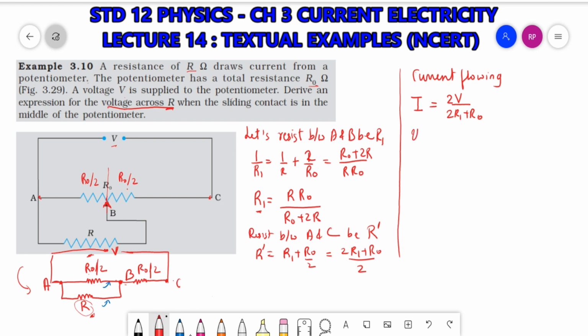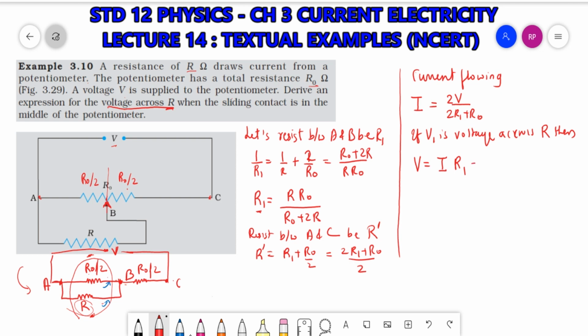Let's say V1 is the voltage across R, then V1 is equal to I into R1. Why R1? Because R1 is the equivalent resistance between A and B. So this will be the voltage across A and B, and as it is parallel, in the upper arm and lower arm, the voltage will be the same.